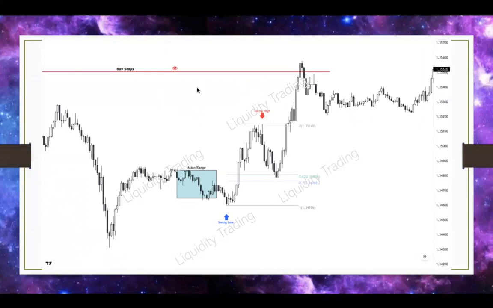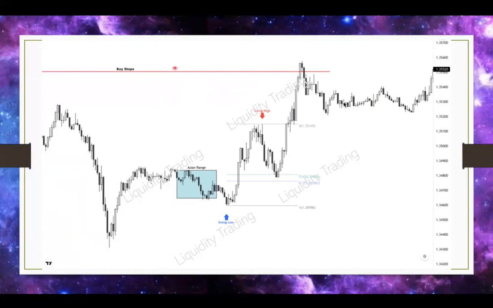This is another example. We see the market create the low of the day and high of the day, then create the retracement in the New York Open kill zone, and trade above an old high in the market.